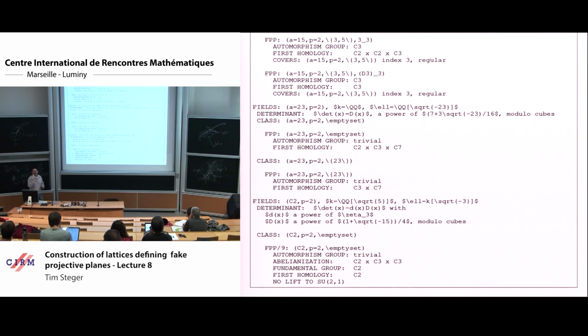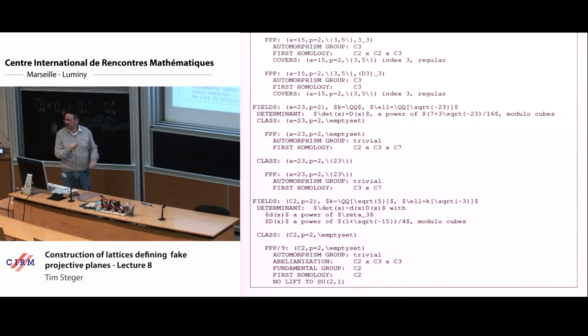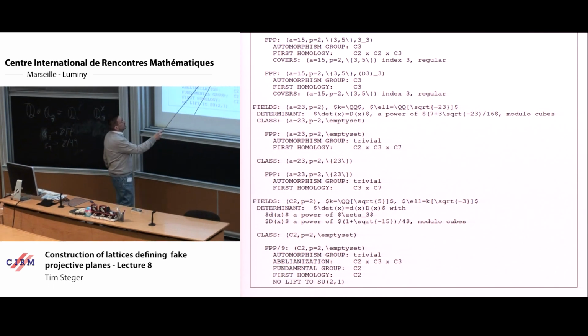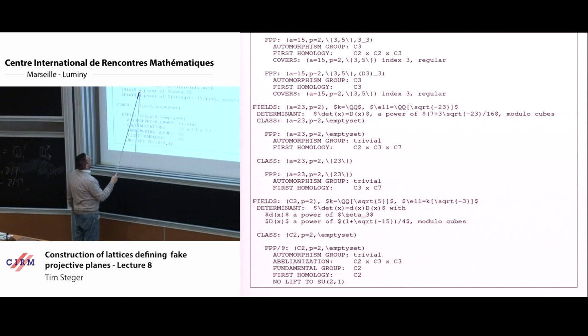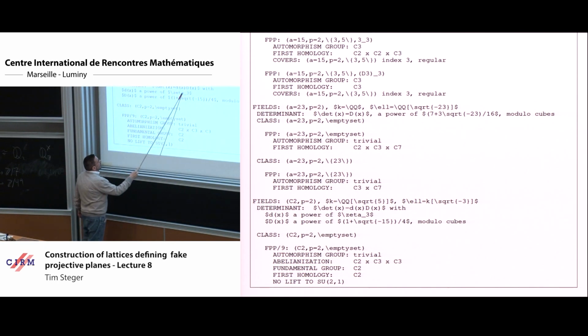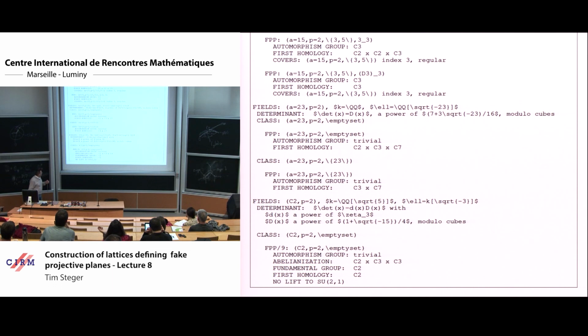That's also an S unit. The units of a field contain whatever roots of unity happen to be included. And so if we've got that, that's also a possible determinant. So this means that our determinant will be actually given by two pieces. One piece which comes from a root of unity, and this other piece which comes from the S unit. Okay? Right. So that's a little difference.